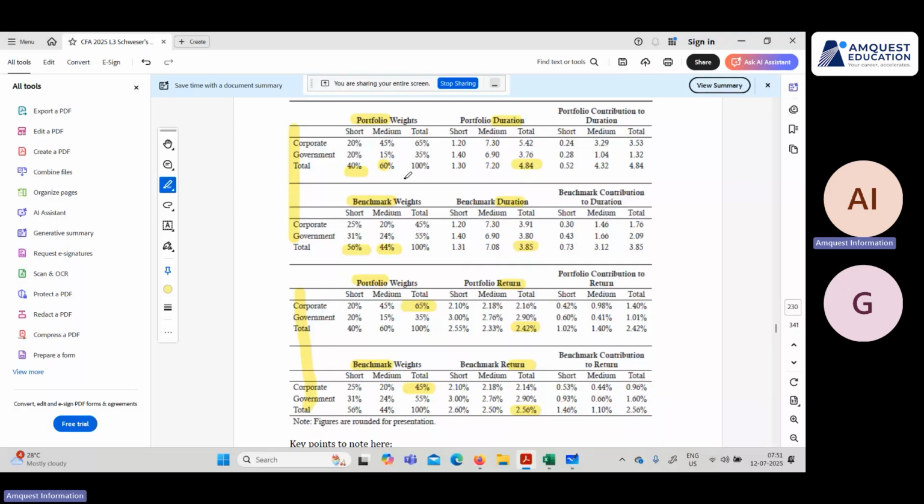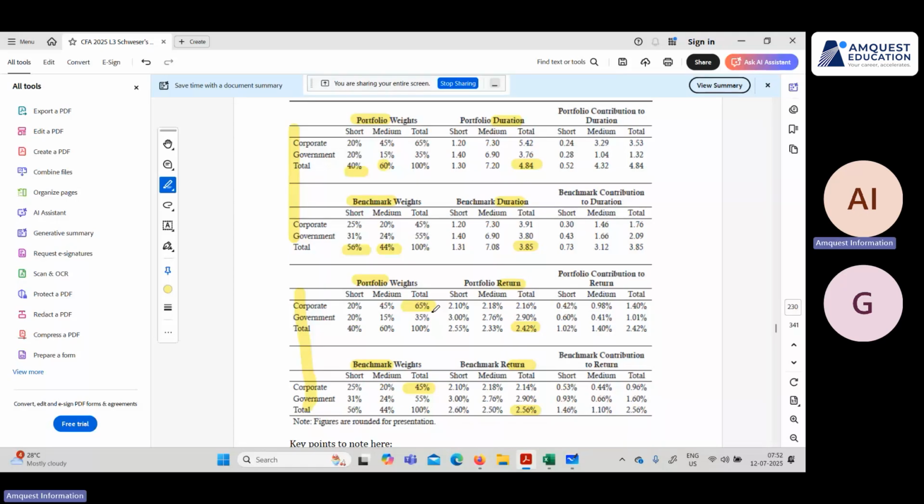I'm overweighting, right? Yeah. Okay. Another takeaway is that I believe that the market is going to perform well, and hence I believe that the spread is going to narrow down, and hence I am overweight on corporates. Is that correct? Yeah, that's correct.